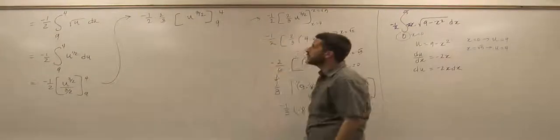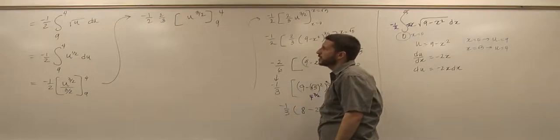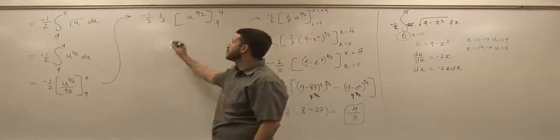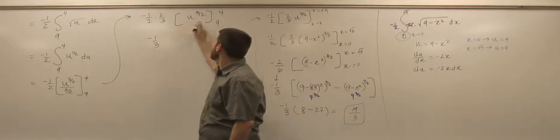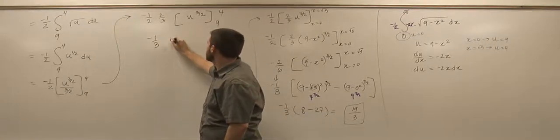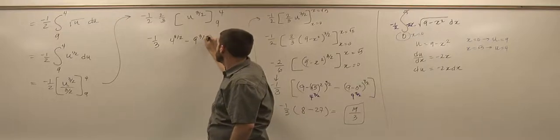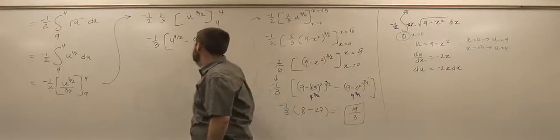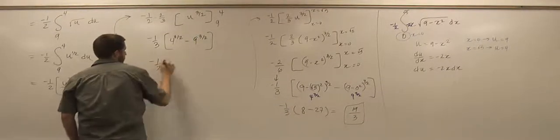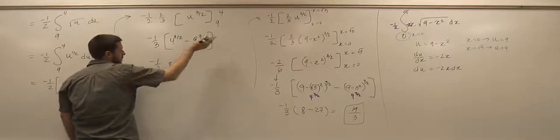But at this point, I don't need to go back to x's, I can just plug in my limits. So I'll have -1/3, I'll put 4 in, so 4 to the 3/2, then I'll put 9 in, 9 to the 3/2. So 8 minus 27.